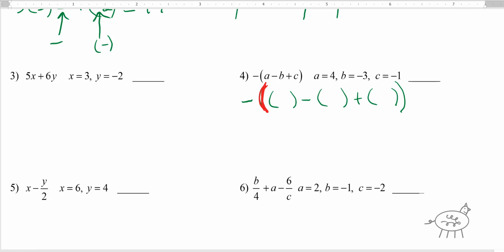This is part of the problem, because that's right there and that's right there. So you put that in automatically, but the letter you're going to type, you put your A in there. So here my A is 4, my B is negative 3, and my C is negative 1. Just type it in just like that. Lots of parentheses, and you should get negative 6.